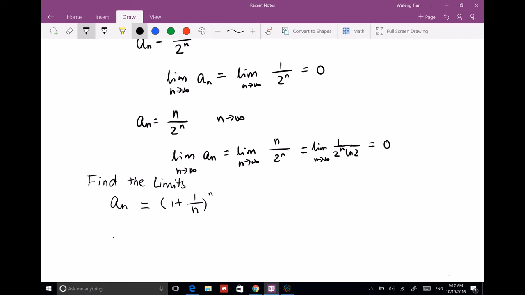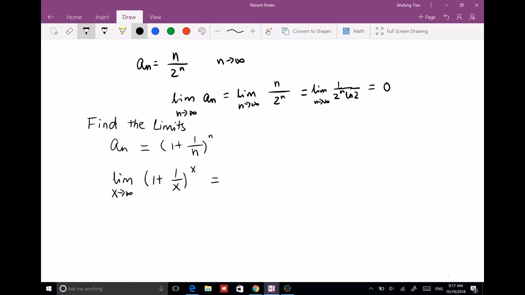What do we have before? We have the limit as x goes to infinity of 1 plus 1 over x, to the power x. Can anyone tell me what's the limit of this one? Do you still remember how we got this?